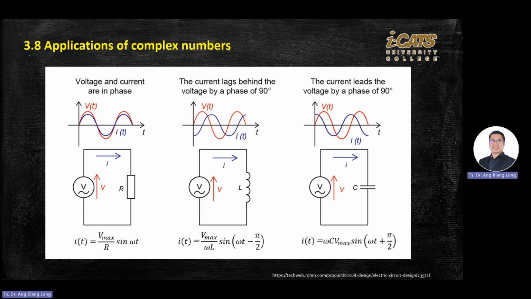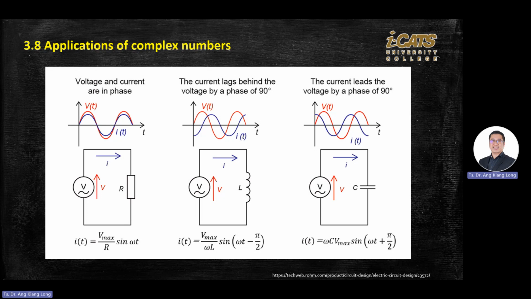So what happens if the question in the application of complex number says the current lags behind the voltage by a phase of 90 degrees? 90 degrees means half pi. The red color is the voltage, and the blue, I, is the current. Current lags behind means V starts first. Before V starts, the current hasn't started; it's still at the negative component.